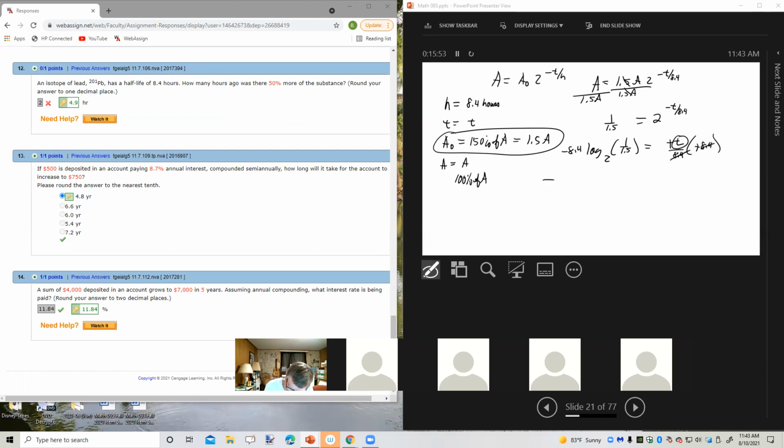I'm going to flip the equation around. T equals negative 8.4. I'm going to use the change of base formula, log of 1 divided by 1.5 over the log of 2.